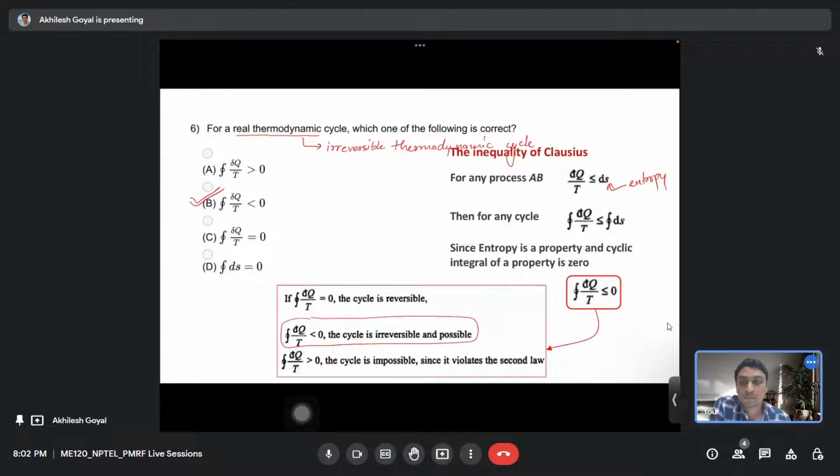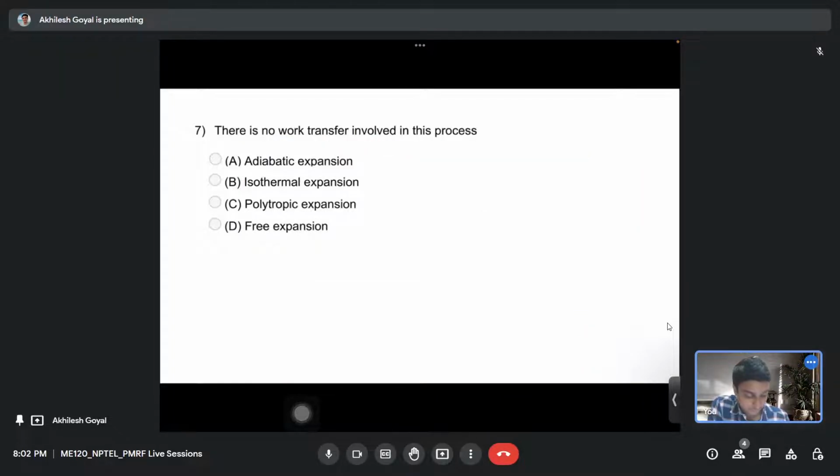Now let's move to the next question. There is no work transfer involved in this process. Four options are given, and it is asked in which process there is no work transfer. Let's see adiabatic expansion.